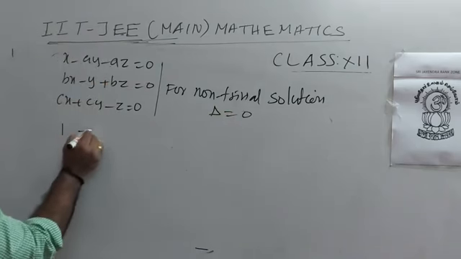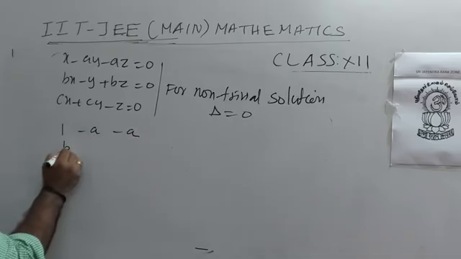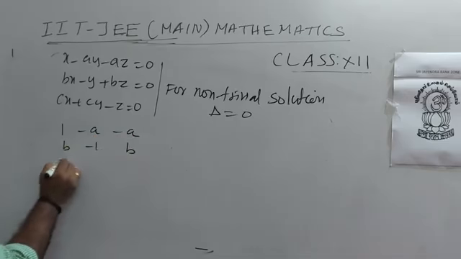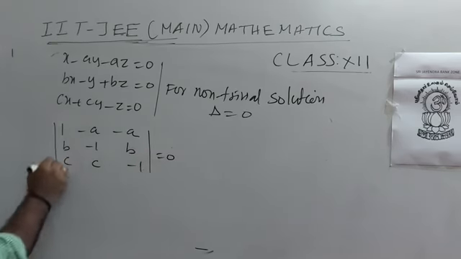So the determinant with rows (-1, a, a), (b, -1, b), (c, c, -1) equals 0.